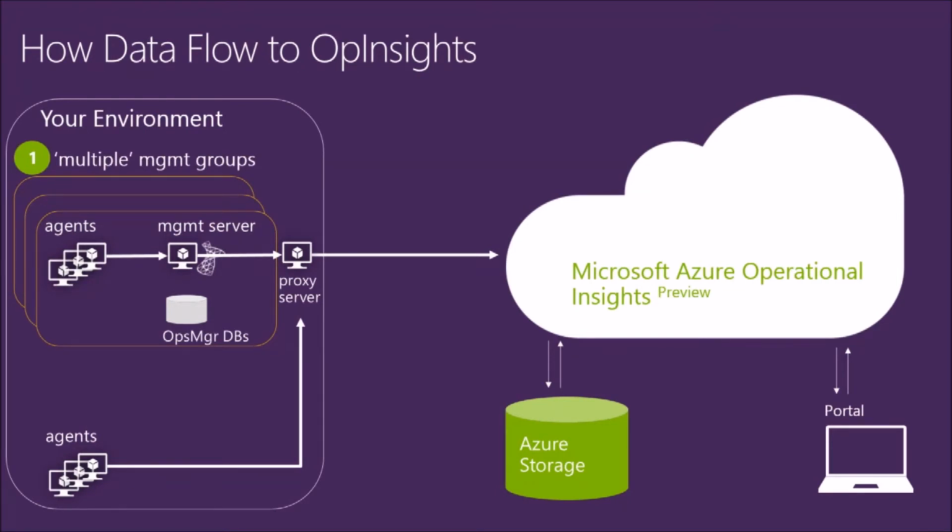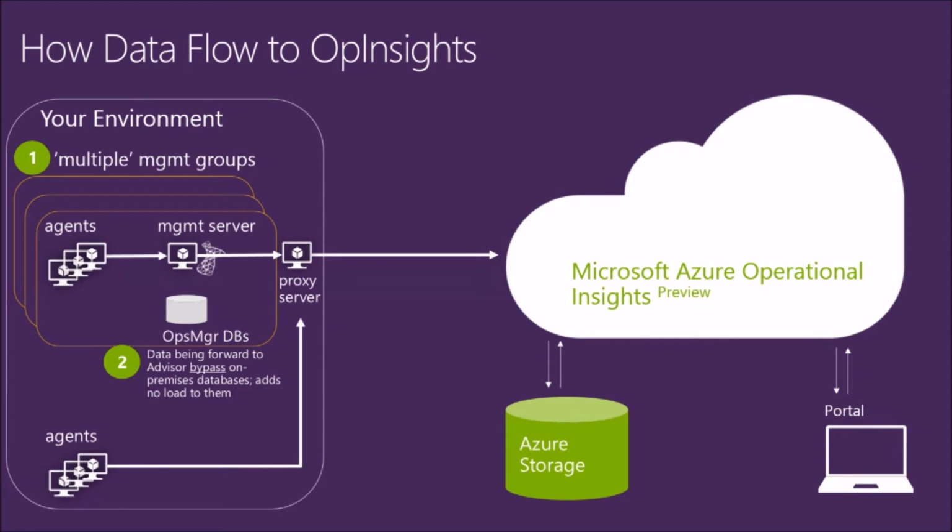So we work with multiple management groups. One thing that I want to point out is that when you instruct Ops Insights to collect data from your Operations Manager environment, we bypass your databases.